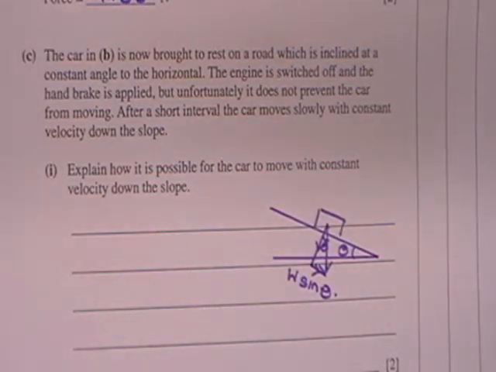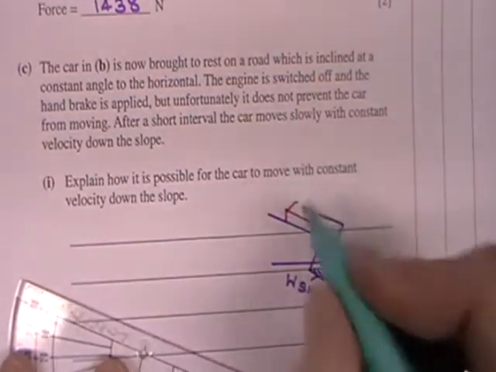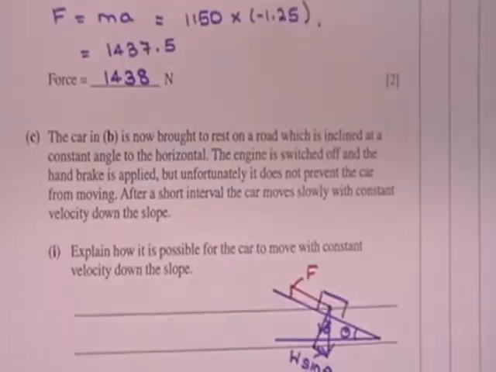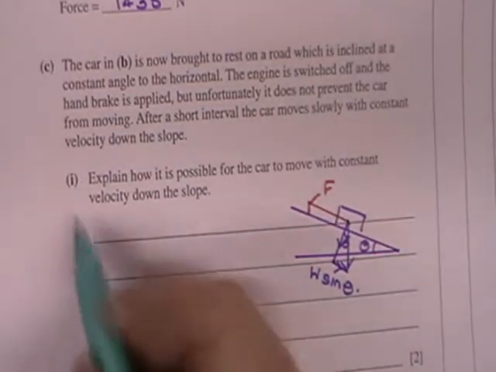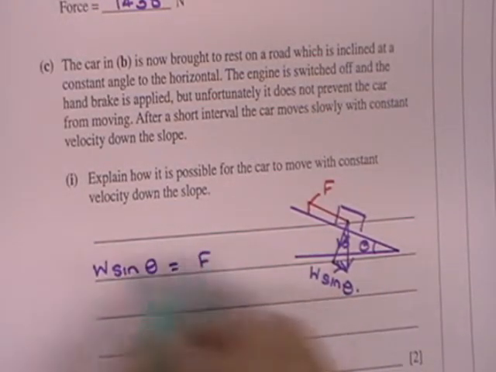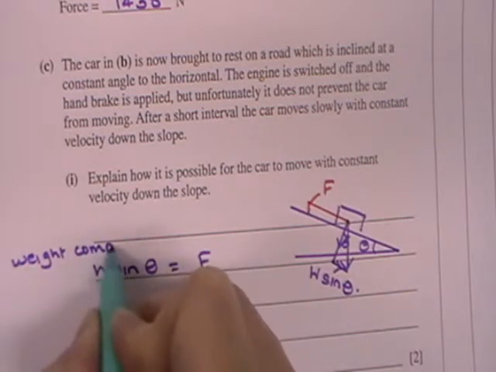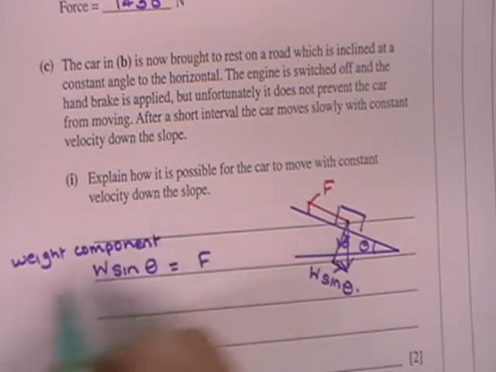and that's going to be equal to the frictional force which acts up the slope, which tries to prevent it from moving. So W sine theta is equal to F. That's the weight component which is parallel to the slope.